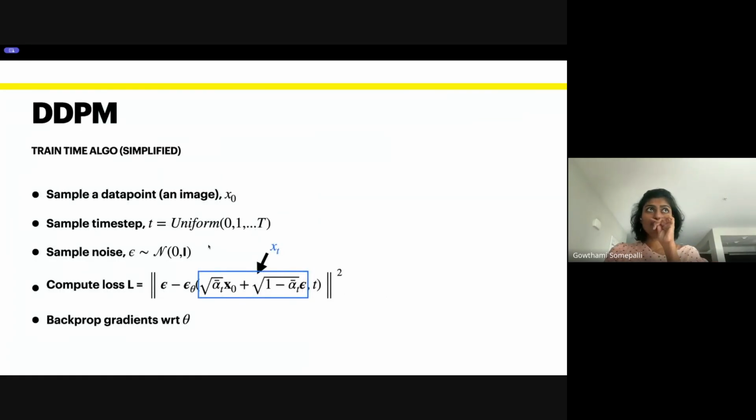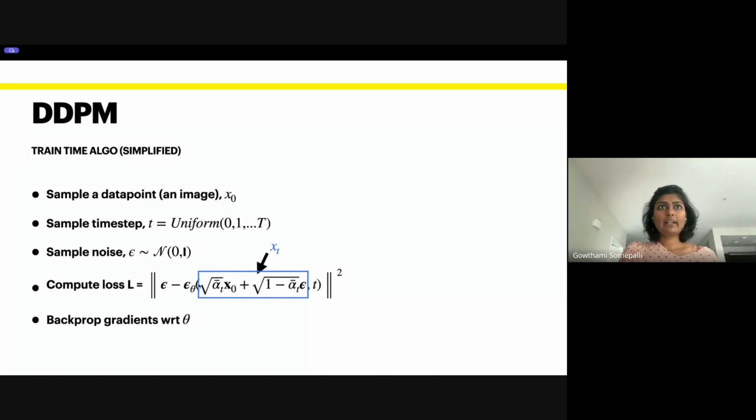In the algorithm, let's say you have an image, and you want to learn one time step at a time. Of course, you can model all time steps also, but during batch training, for a given sample, we just sample one of the time steps. Then you sample some random noise epsilon from the Gaussian, unit normal distribution.